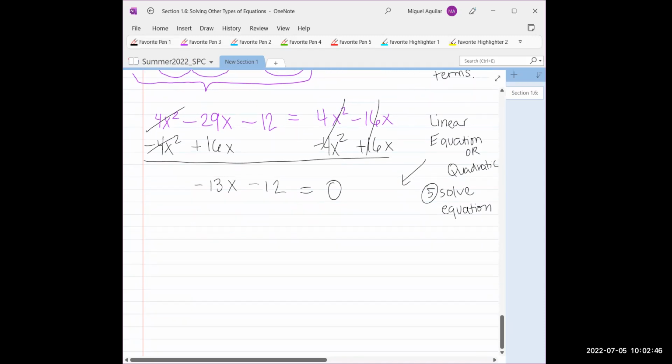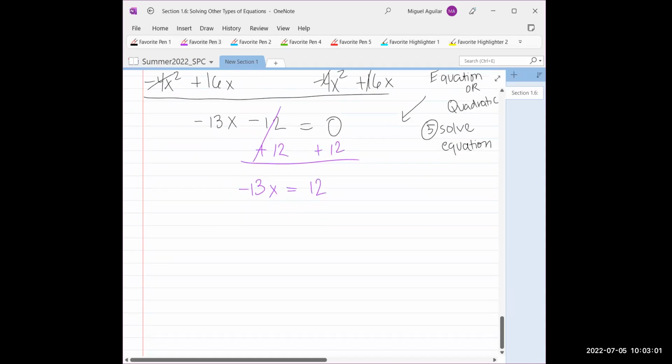Okay. So if I want to isolate the variable x, how would I start to do that? You add 12 to each side. Let's add 12 to both sides. Negative 13x is equal to 12. And now how do I get the x by itself? You divide by negative 13. Perfect.